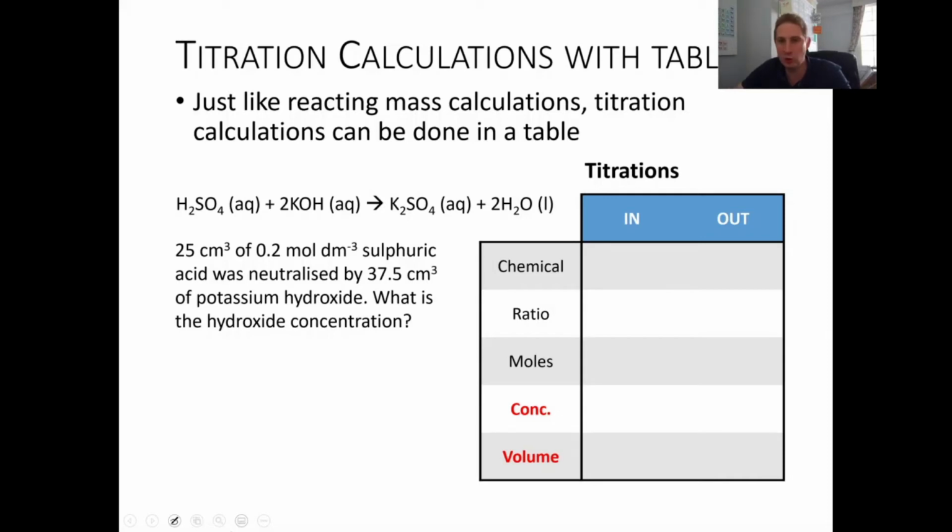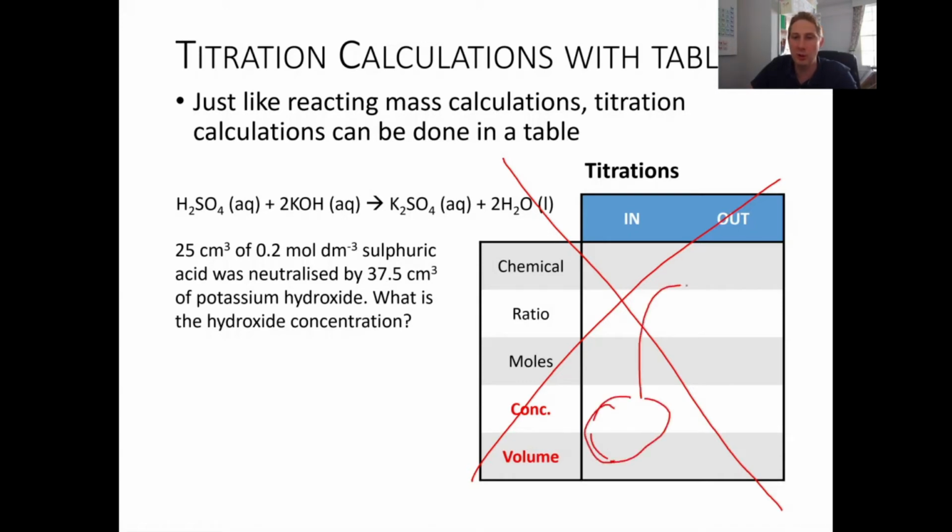And I really do not recommend that you use tables at A level, because quite often the mark scheme is asking you for specifically labelling the number of moles of this or the number of moles of that, or substituting into equations correctly. And in particular, as you'll see towards the end of this video, it's not always the case that we're going to work from the concentration and volume of one thing all the way through to the concentration and volume of something else.